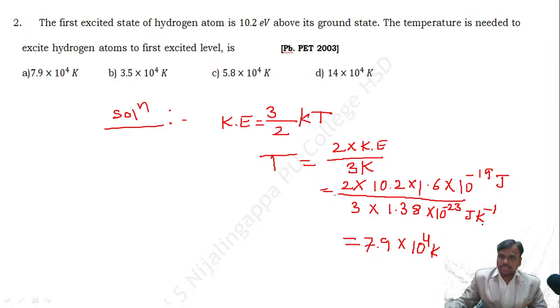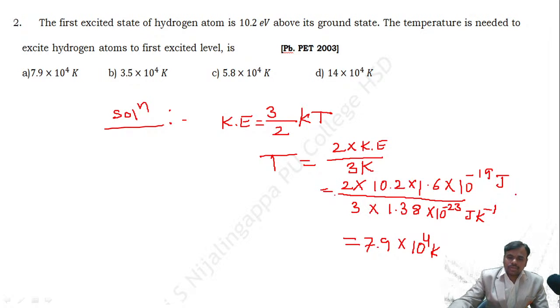Here joule and joule get cancelled, and per Kelvin in the denominator gives Kelvin. Clear? This is the answer. That means by knowing the relation between kinetic energy and temperature, we can calculate the temperature here, and we must know the Boltzmann constant value. That value is 1.38 into 10 to the power of minus 23. That means option number A is correct here.